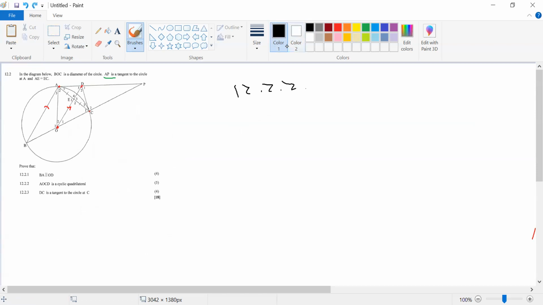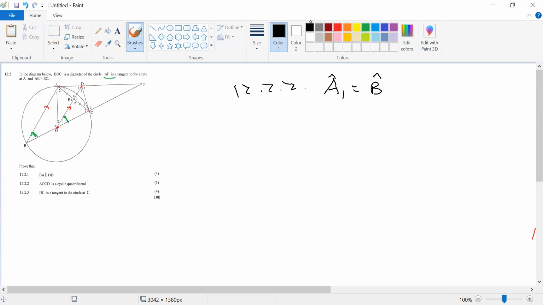So in order to write that out, I'm just going to state that A1 is equal to angle B, because A1 is up here and angle B is down here. And this is a classic tan chord case. So now that we know that angle A1 is equal to angle B, we can also see that angle B, which is that angle right there, is equal to angle O1 because of corresponding angles.